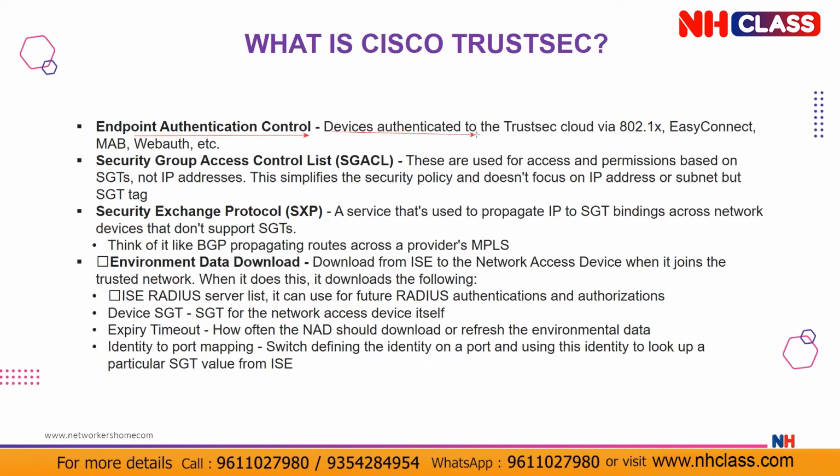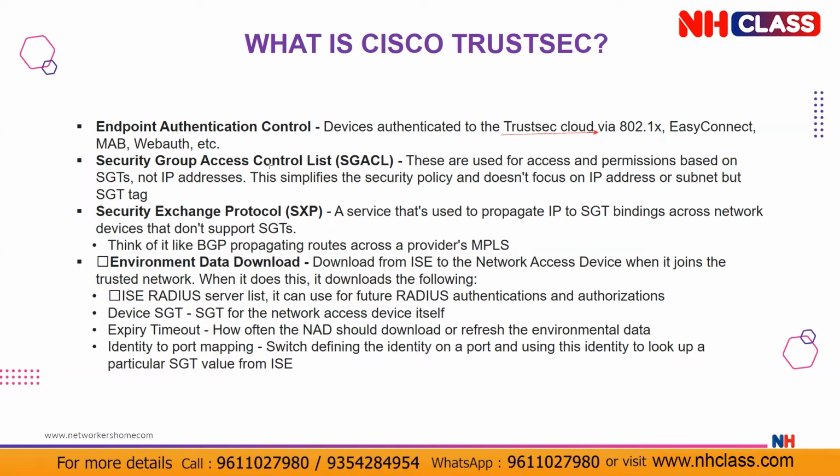Devices are authenticated to a TrustSec cloud via 802.1X, that's your dot1x authentication, or Easy Connect, or MAB, or web auth, etc. So basically an endpoint can authenticate and be controlled by TrustSec, and the users can authenticate by methods like 802.1X, Easy Connect, MAB authentication, or web auth, etc.